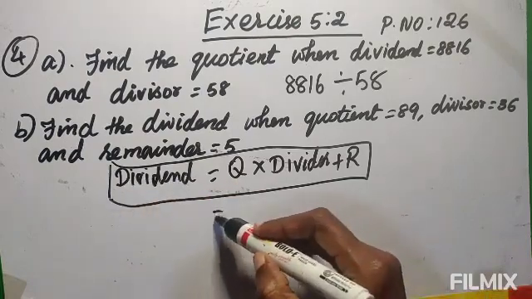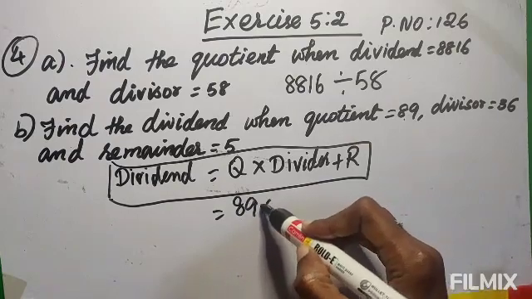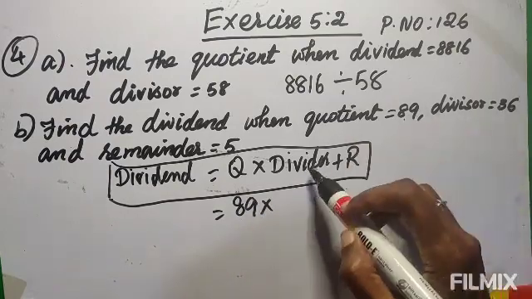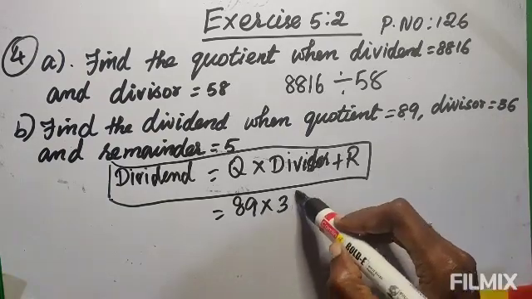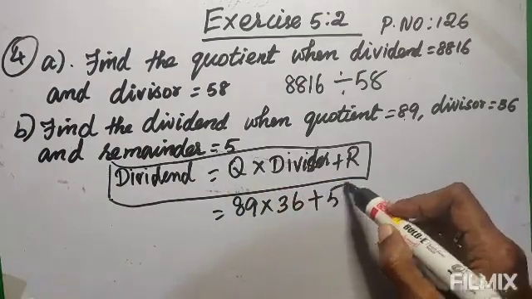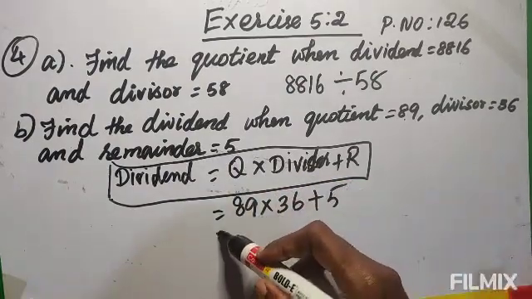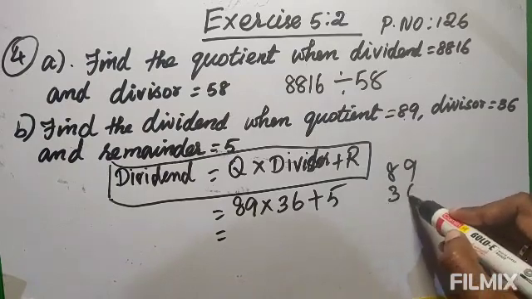So dividend equal to quotient. Quotient is 89. So 89 into divisor. Divisor is 36 plus remainder. Remainder is 5. So first we have to multiply 89 and 36.